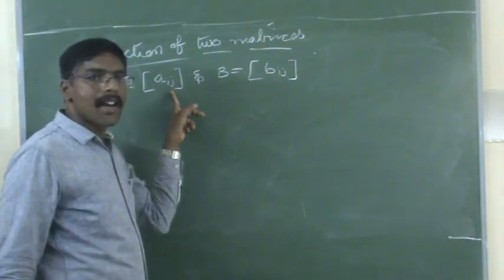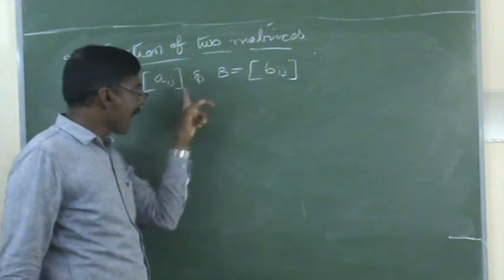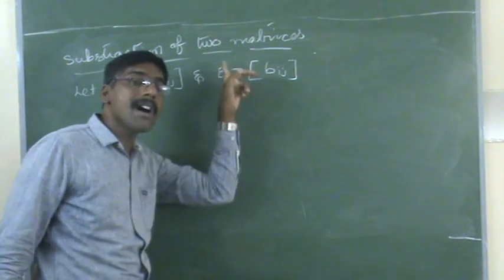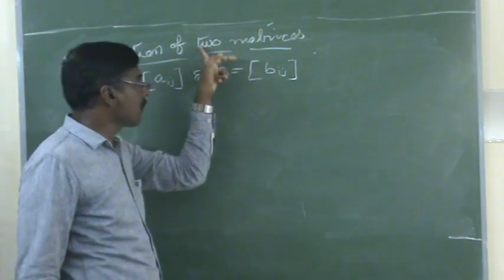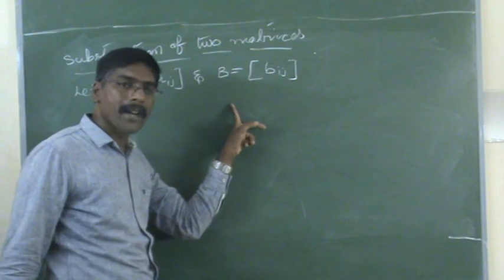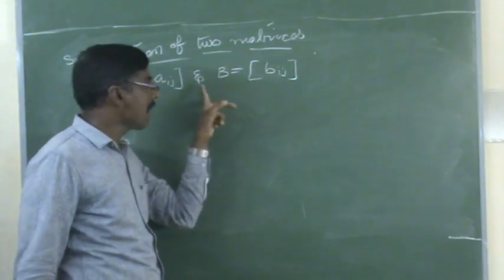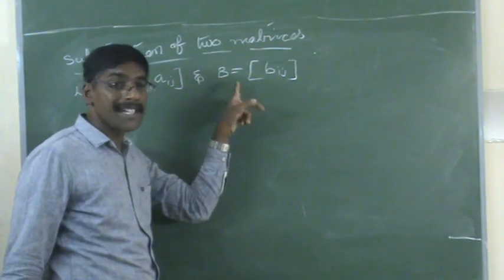These orders are same only. When two matrices' orders are same, addition of the two matrices or subtraction of the two matrices is possible.